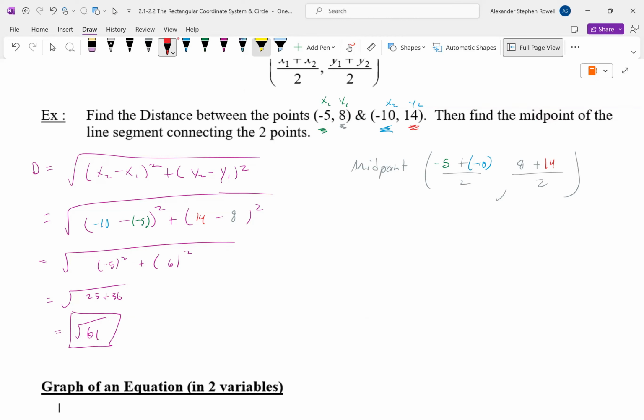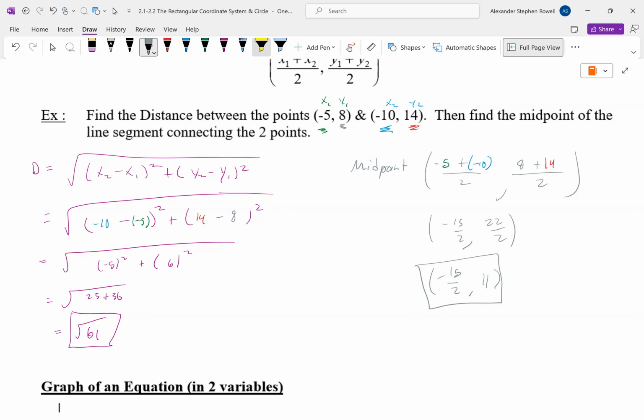And we divide them each by 2. We get -15 halves and, what is that? I'm asking because I'm feeling a little slow today. -15 halves, comma, 11 is our midpoint.